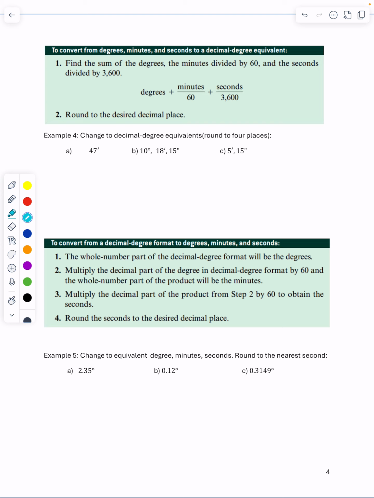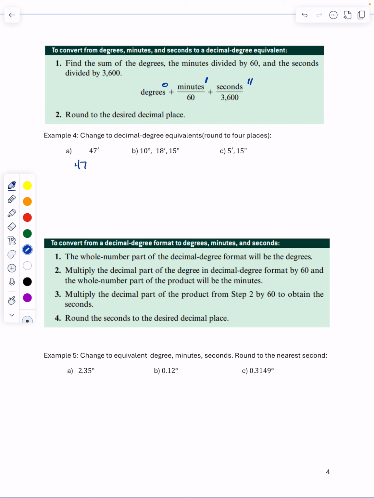Okay, so symbol-wise, degrees, minutes, seconds, and they'll always be given to you in order. Nobody's going to try to trick you and put these into some different order. Okay? So notice for A, it's got 47 minutes. And look up above, I've got no degrees. I'm not worried about that.